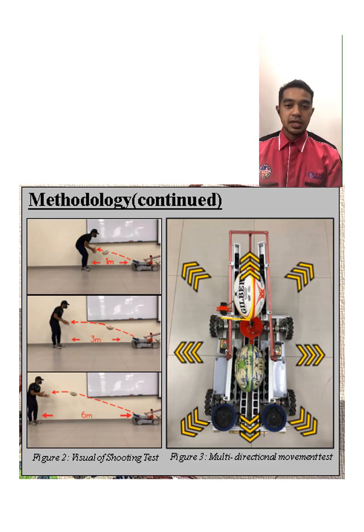Okay, the second test that we use in this project is the multi-directional movement test, which requires moving the MR launcher in 8 different trajectories. The first one is forward, followed by backward, right, left, and then forward right, forward left, and then backward right, and the last one is backward left.